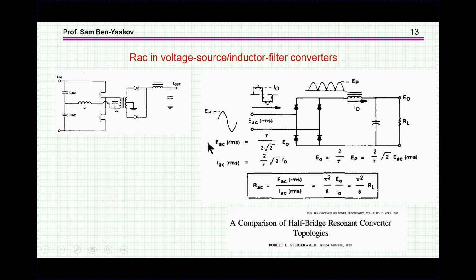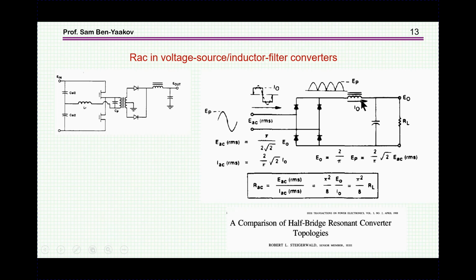Here it is. And this voltage then is rectified, and this is the average voltage seen here. If L is large, it's going to filter out the high frequency, and we're going to have just about a constant current here.